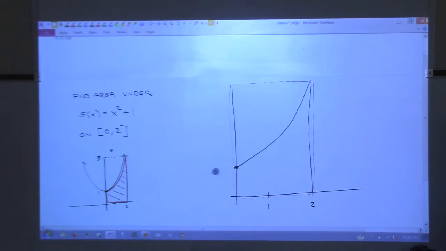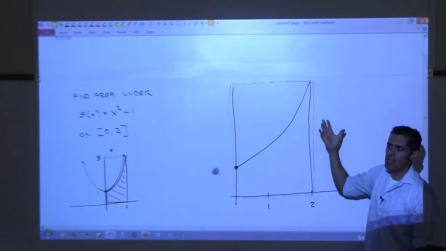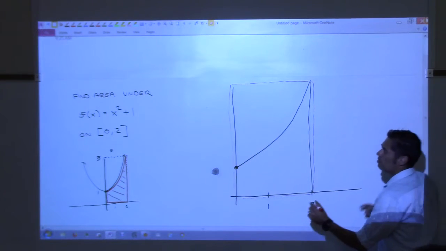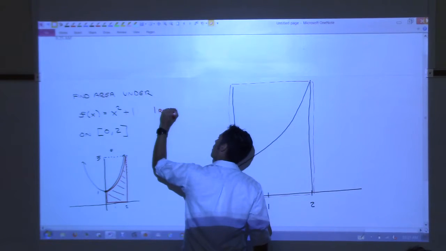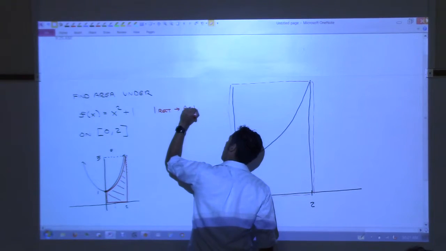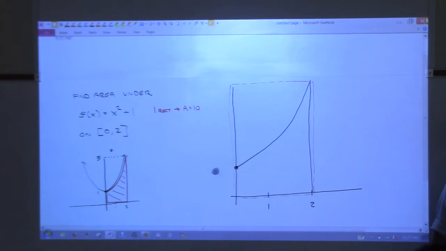And what would the area of that red rectangle be, by the way? 2, it's 2 times 5, right? That's 10, right? So if I do one rectangle, the area is 10, and that's obviously too big. Wouldn't it technically be bigger than 10? Why? Because it's going around.